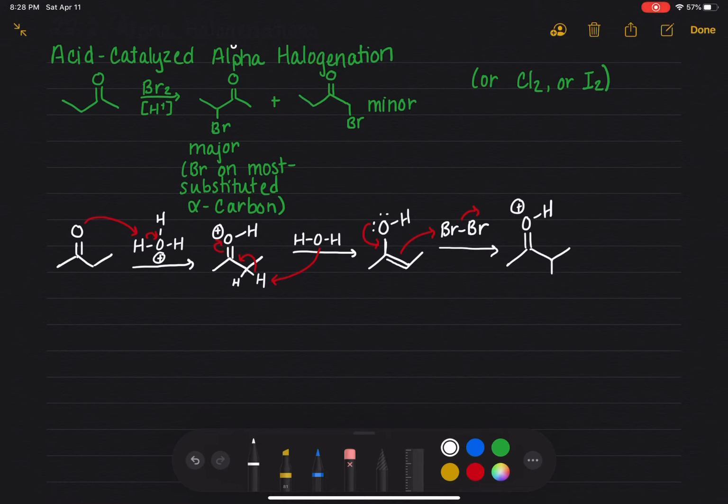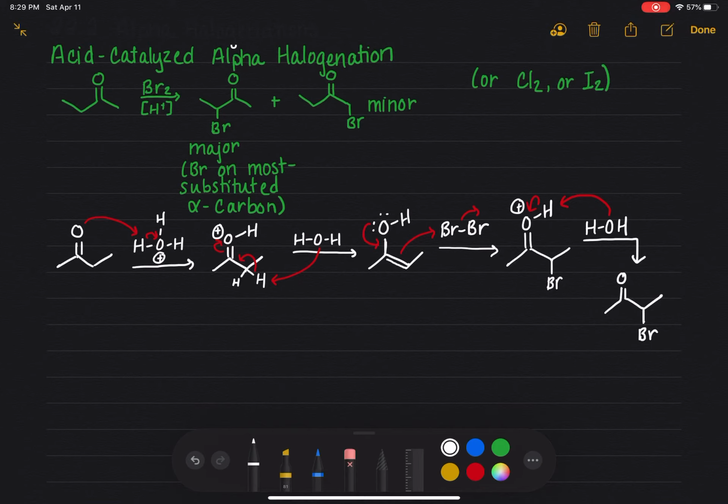We have added the bromine to the molecule, to the alpha carbon. And all that we have left to do is one last deprotonation. And we have regenerated our acid catalyst, and we have halogenated our ketone.